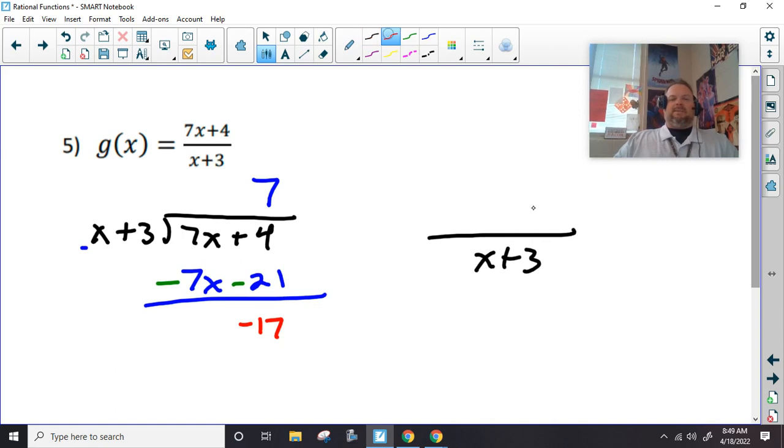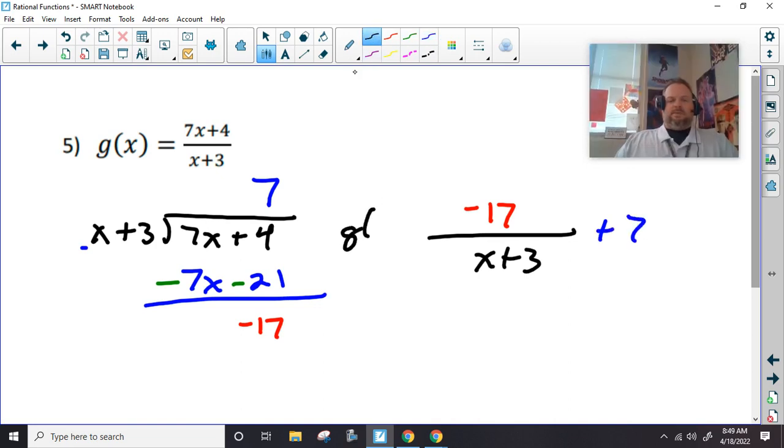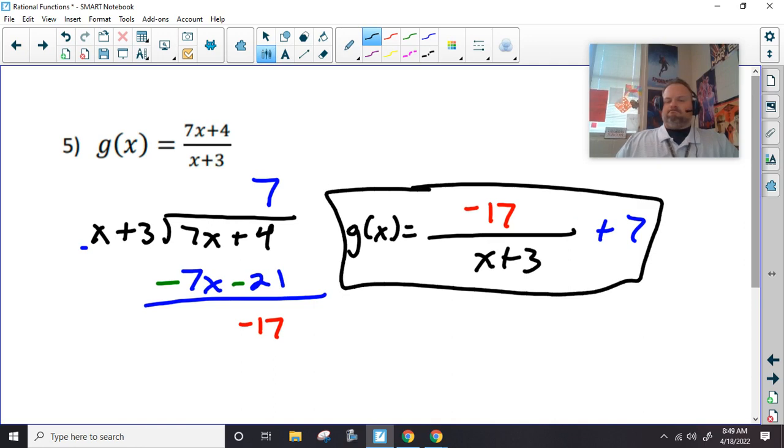All right. Our minus 17 goes here, and our 7 goes here. Ooh, what is that? And our g of x is now this.